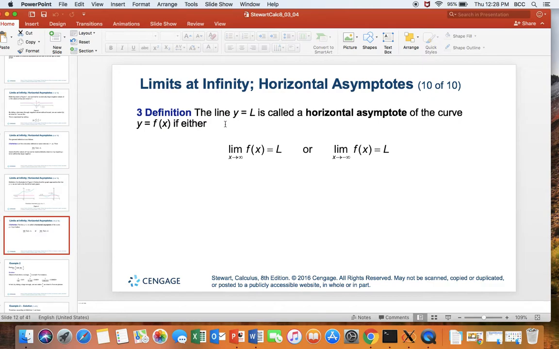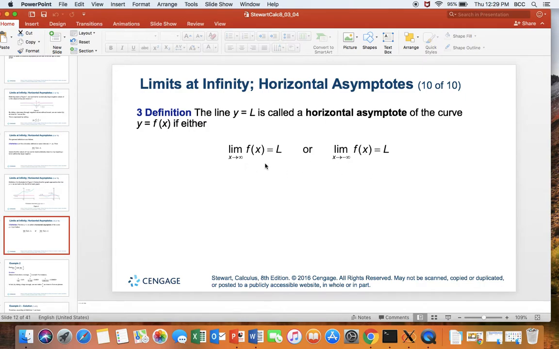Definition. The line y equals L is called a horizontal asymptote of the curve y equals f(x) if either of these happen. Okay, you want the right hand limit to be approaching L, or the left hand infinite limit also equal L. Okay, so this is important.